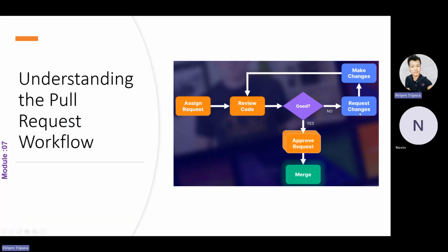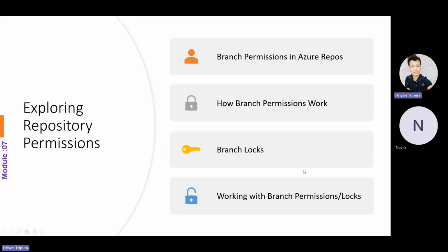Then the person who is working here will make some changes in the code and send it again, since it was assigned to this reviewer, who will review the code again. Once he reviews the code again, if it is good, he will approve and merge it.